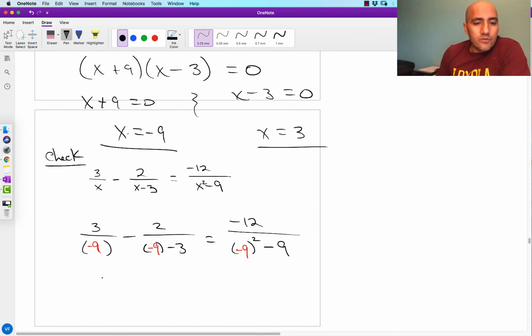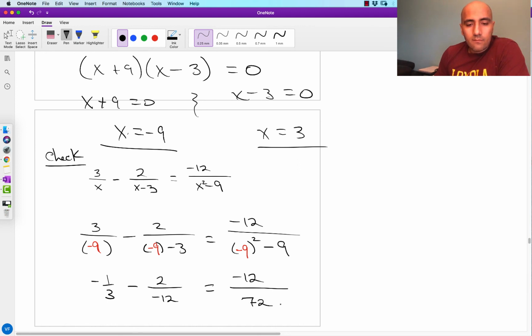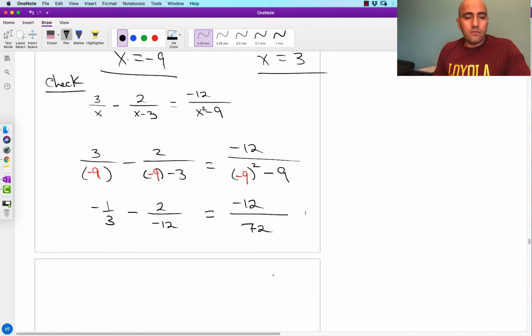So that's going to reduce to negative 1/3, and that's going to be minus 2 over negative 12, and hopefully that's equal to negative 12 divided by 81 minus 9, which is 72, and then that'll reduce. So then that'll reduce, we have 8 and 9.